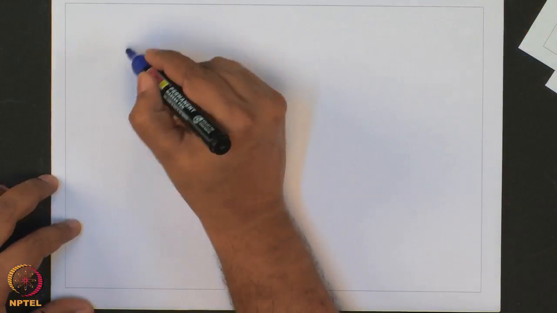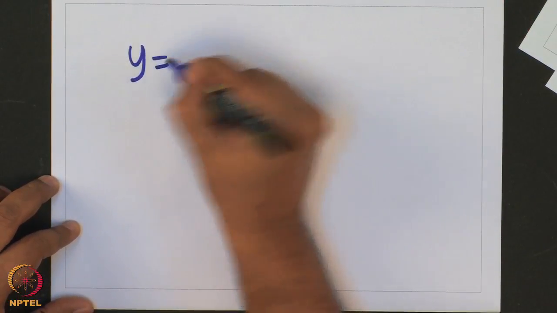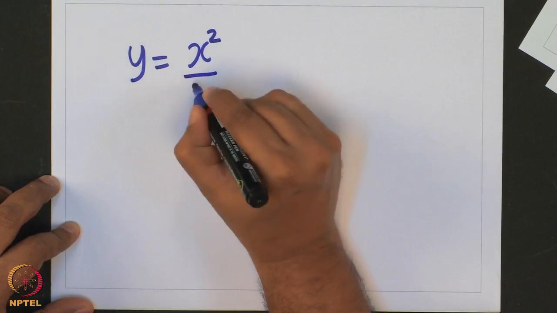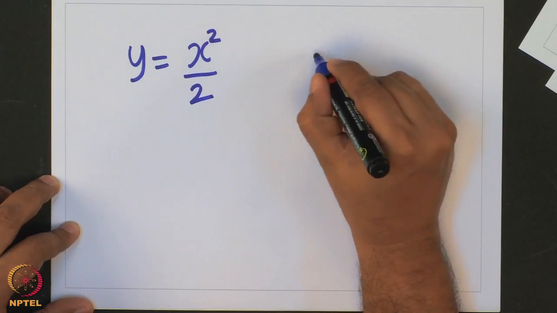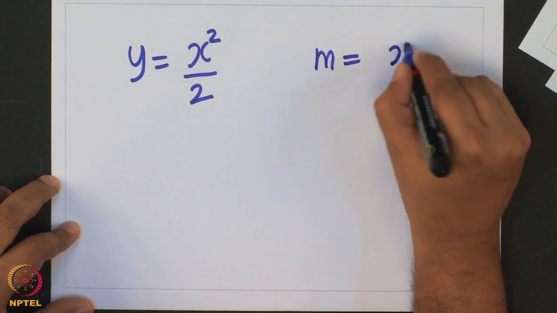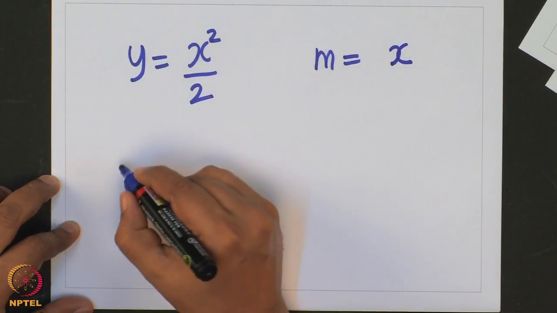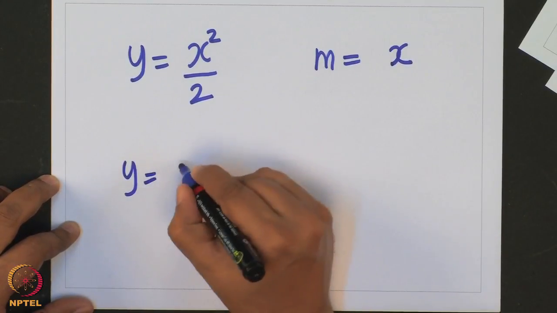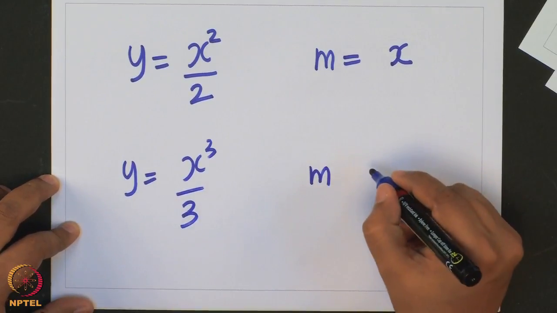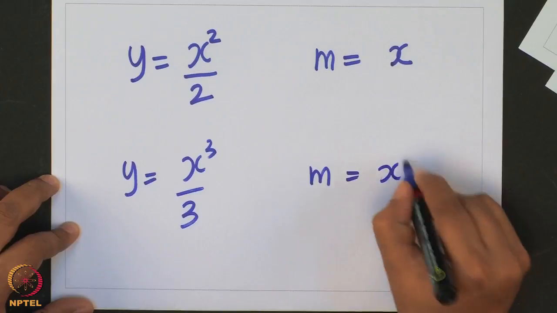So we saw just now that if the function y is x square divided by 2, the corresponding m will be x. And if we have the function x cube divided by 3, the slope will be x square.